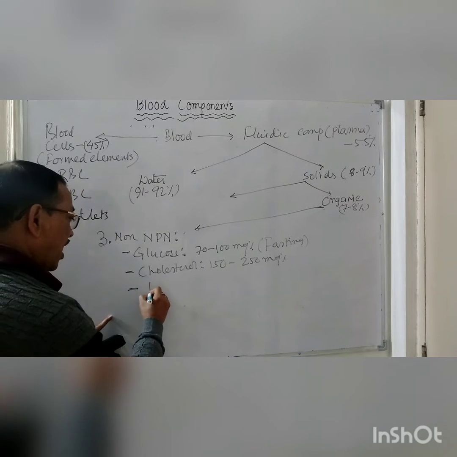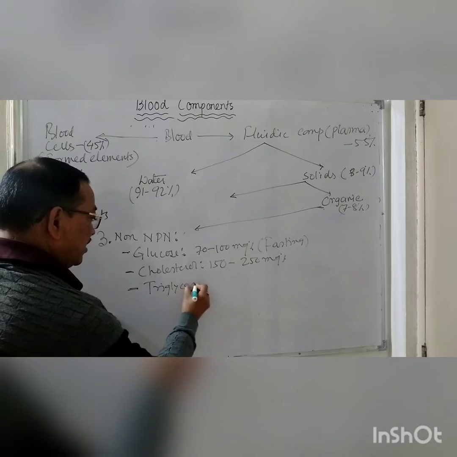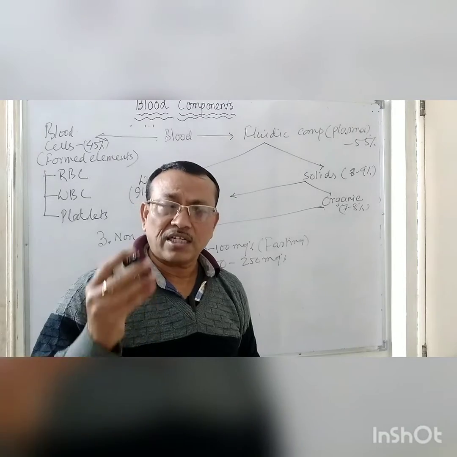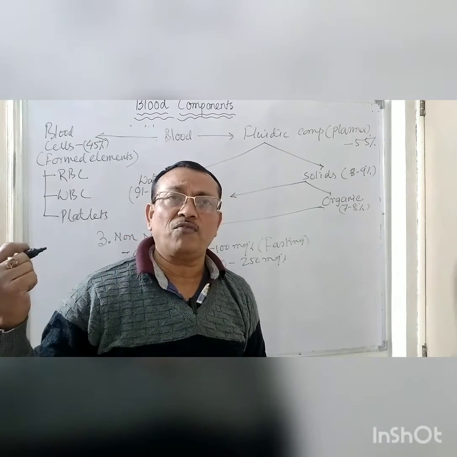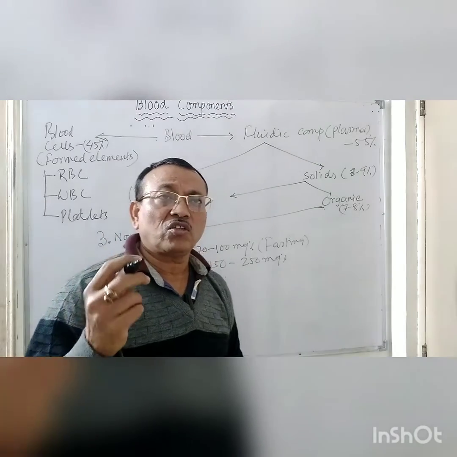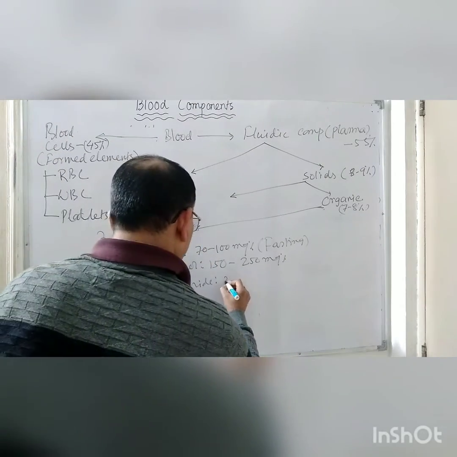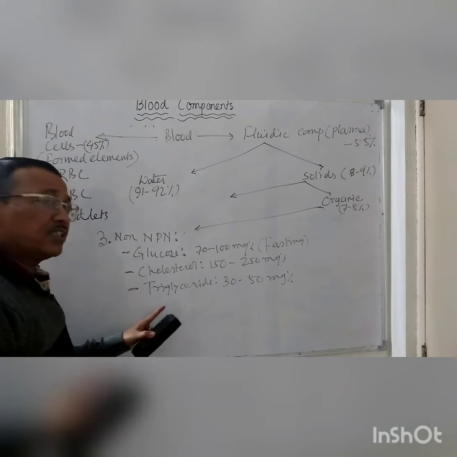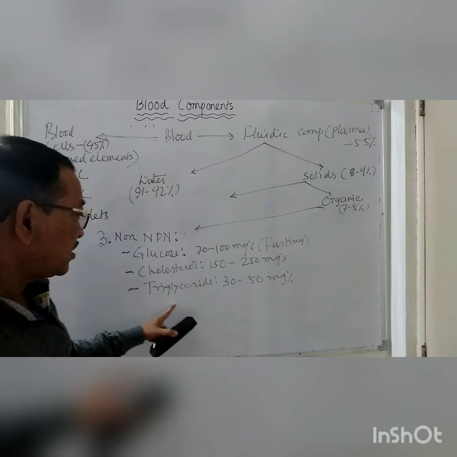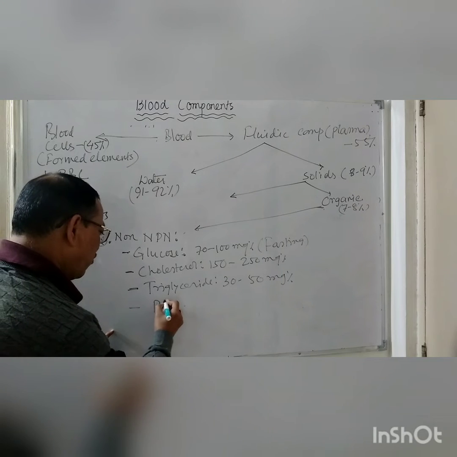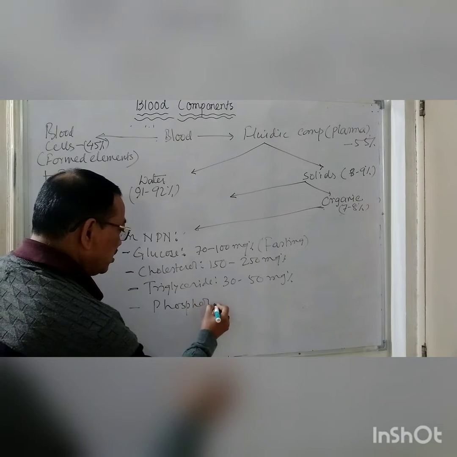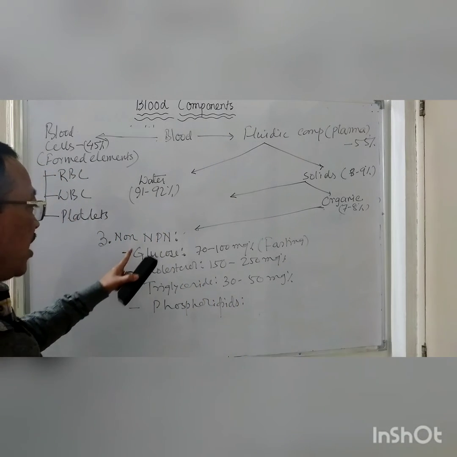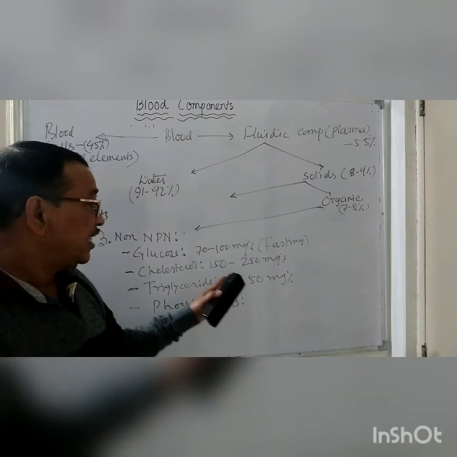Third one is the triglycerides, another type of non-NPN substances, whose concentration is around 30 to 50 milligram percent. And another one is the phospholipids.